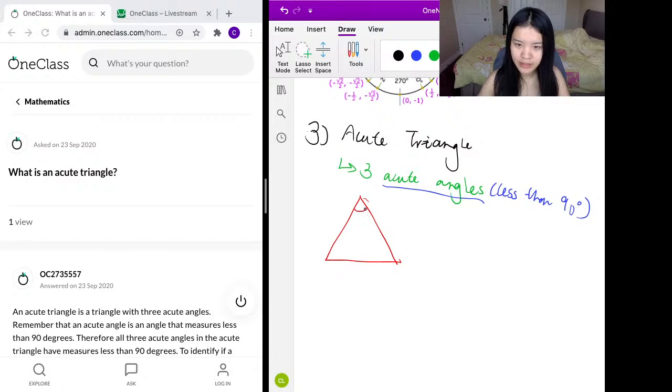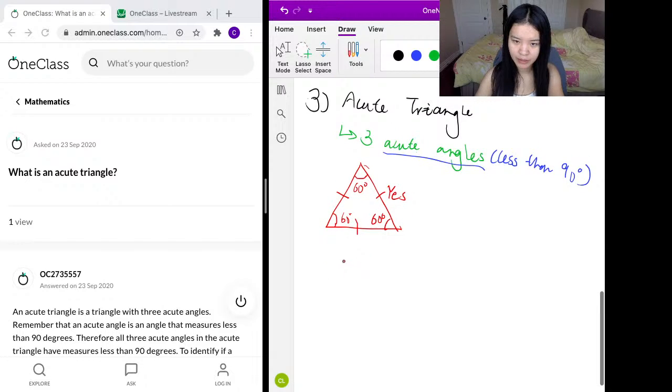First, let's draw an isosceles triangle. Is an isosceles triangle an acute triangle? The answer is yes, because all 3 of the angles are less than 90 degrees, so all 3 of the angles are acute angles, which makes the isosceles triangle an acute triangle. Now let's look at another example.